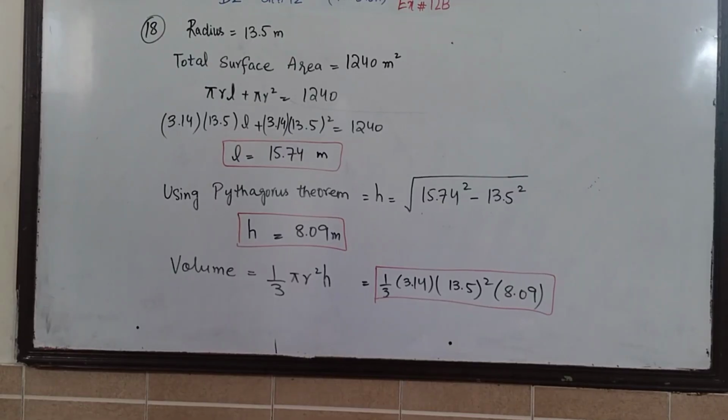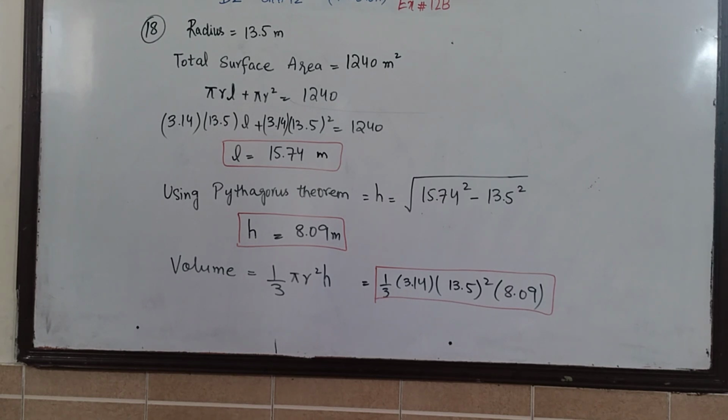This is our question number 18. Here in the question we are given the radius, which is 13.5 meter, and the total surface area of the cone is 1240 meter square. You know the formula of total surface area, which is pi rl plus pi r square, equal to 1240, which is already given in the statement.